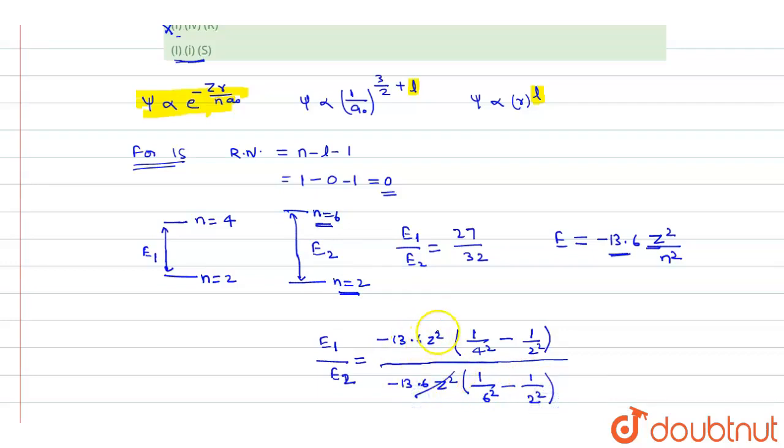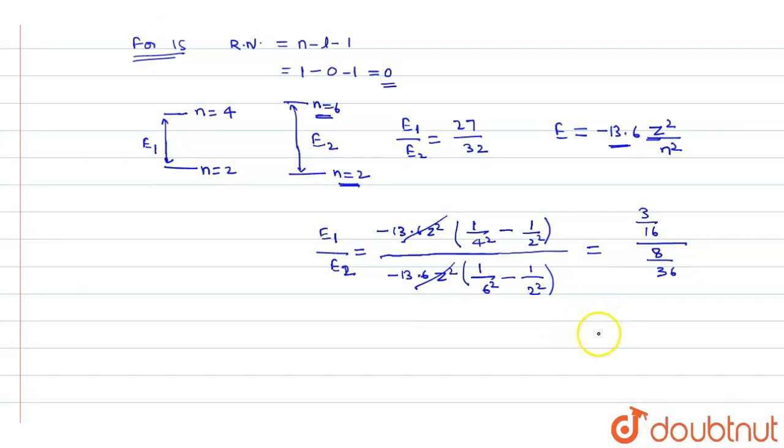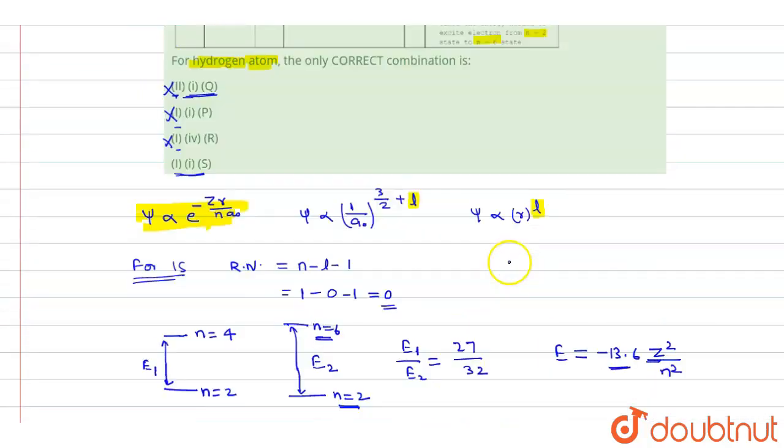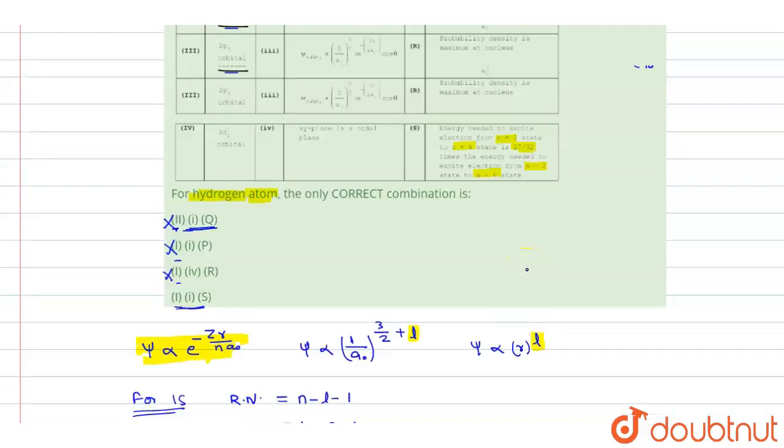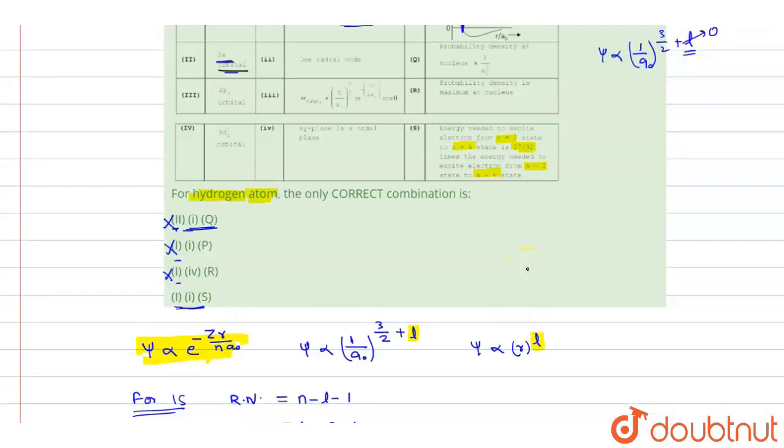Minus 13.6 Z square will get cancelled, and by solving this, by taking LCM, we will get 3 by 16 upon 8 by 36, and this is equal to 27 upon 32. So this last option, that is 1 is correct. So our answer will be this.